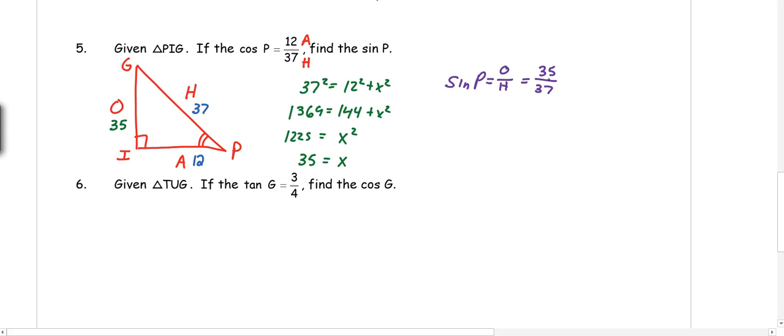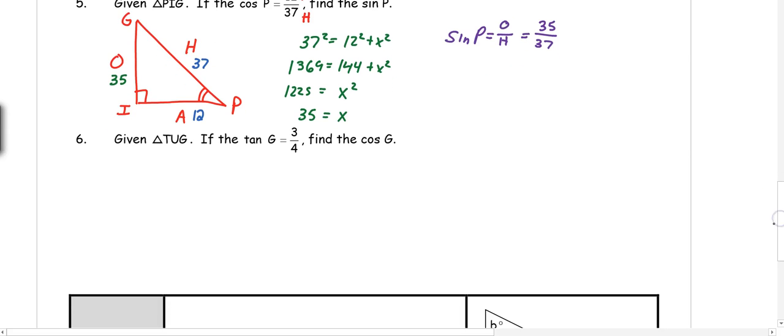Let's try another problem like that. So in number 6, given triangle TUG, if the tangent of G is 3 over 4, find the cosine of G. So first we're going to draw our triangle again. So here's my triangle, here's my right angle. My reference angle is G, and we can put T and U at either point, doesn't matter, either vertex.